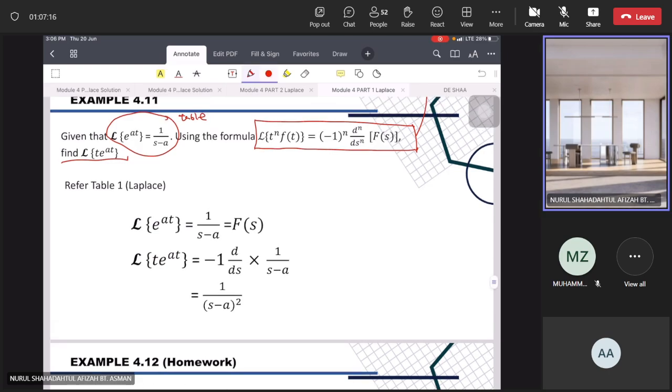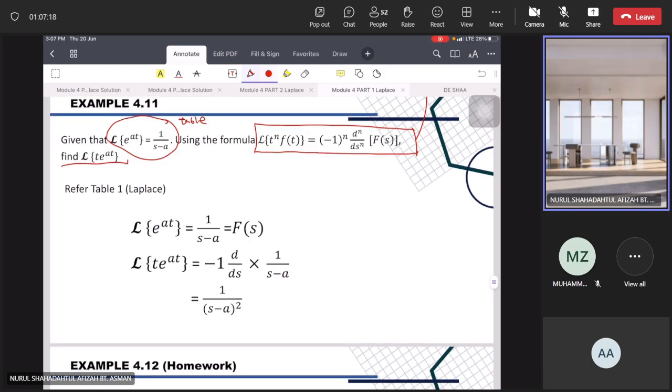Okay, we continue with the example. So we need to find the differentiation of a transform. So this is the equation. You need to find the Laplace of e^(at).